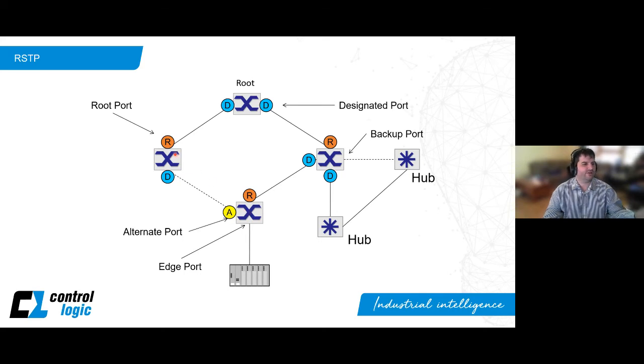However, based on the fact that the root bridge is at the top, this link is being kept inactive. That may be suboptimal in terms of traffic flow. It could be that there's 100 switches this way, for instance, and most of our traffic is across here. So by positioning the root bridge in the network and choosing where it's located, we can control which links are going to be active and which ones are going to be inactive.